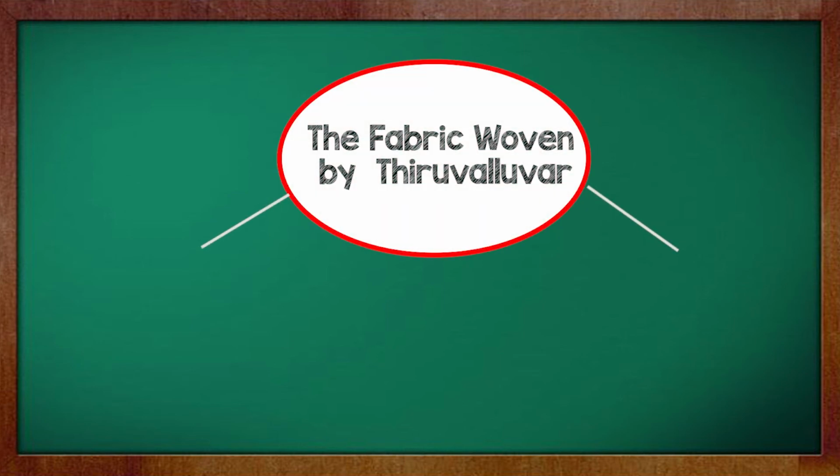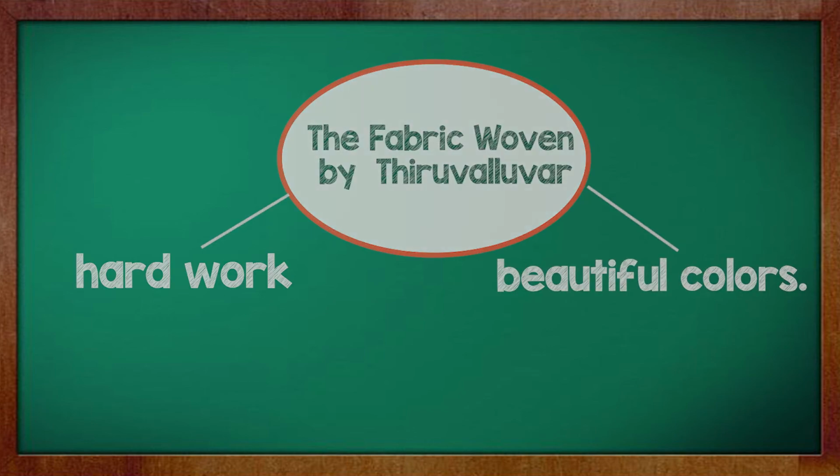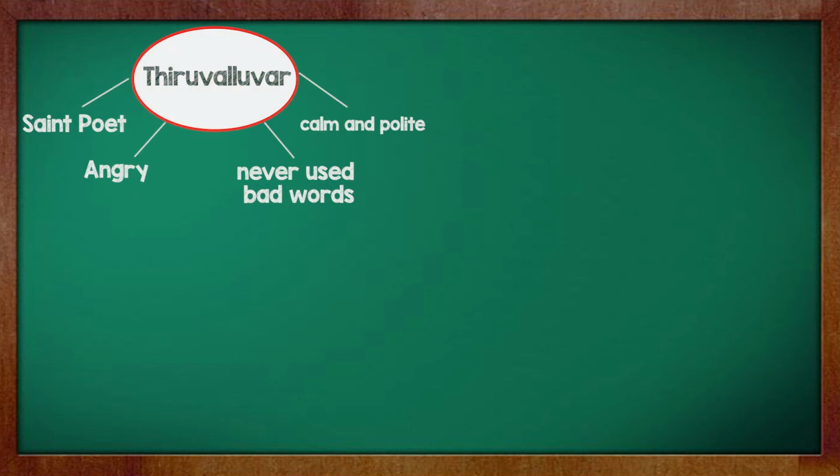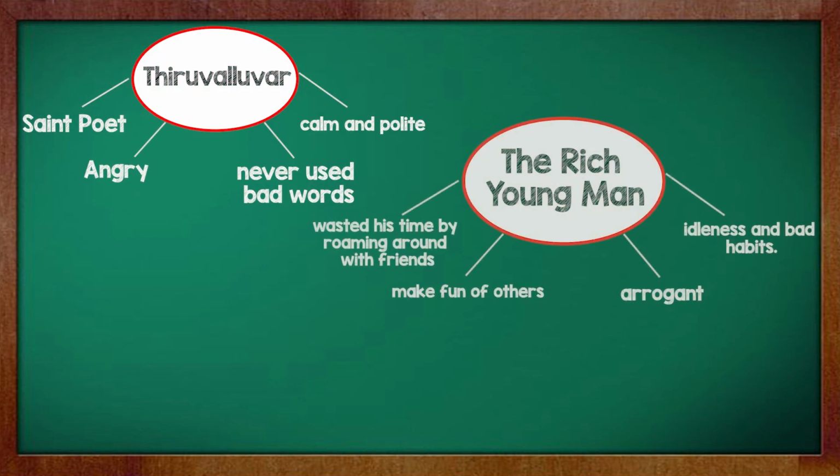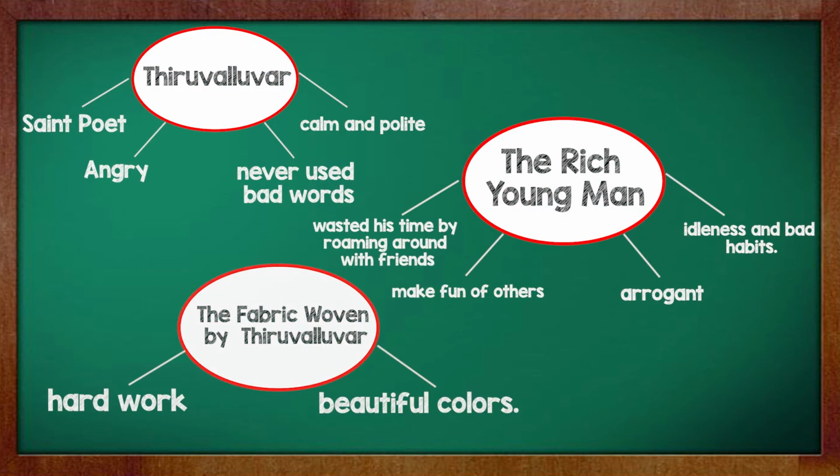The last one is the fabric woven by Thiruvalluvar. This fabric was made with the hard work of weavers and farmers. It had beautiful colors. So children, this was the word chain that I created for the following characters or things.